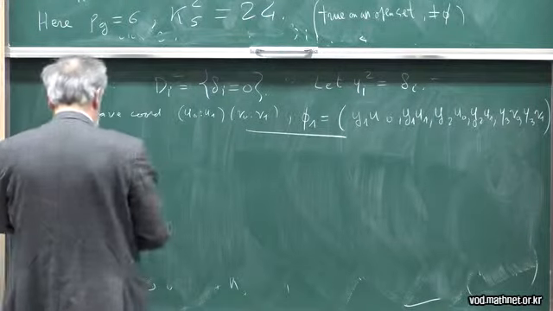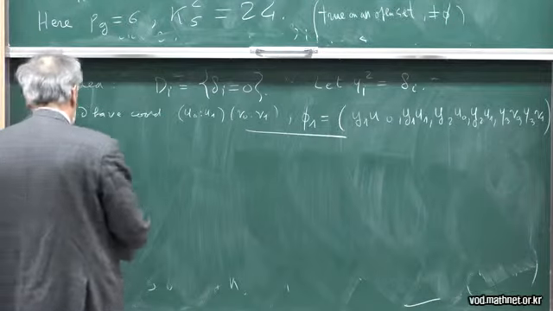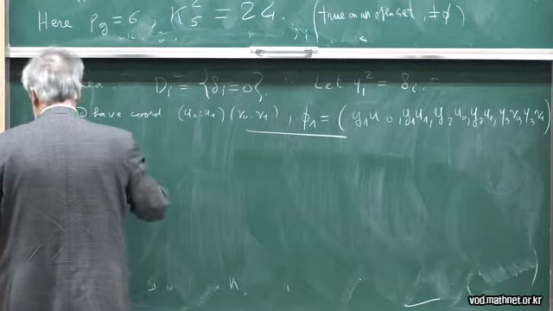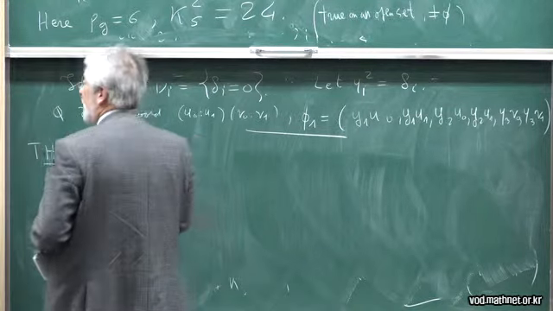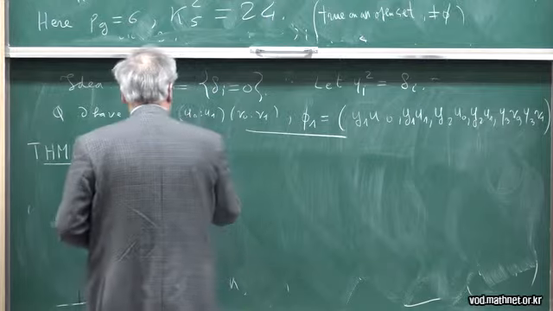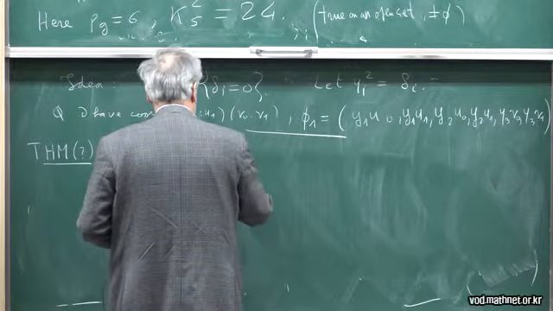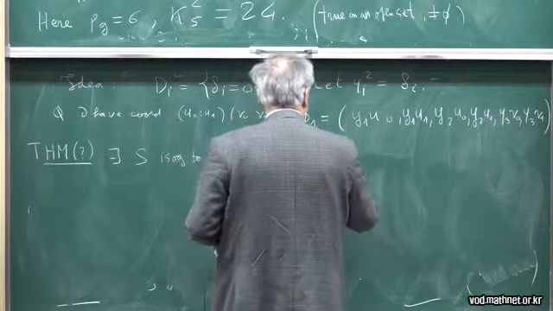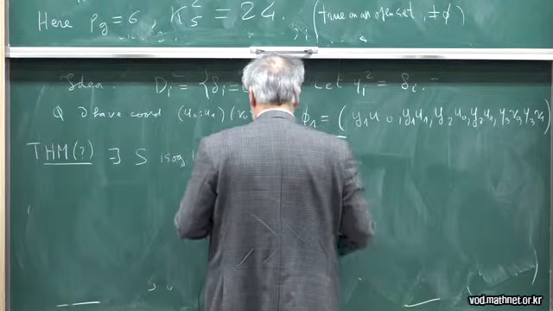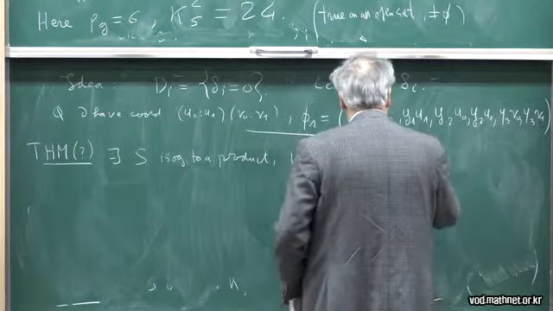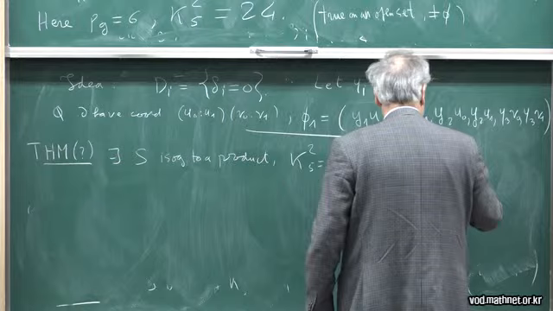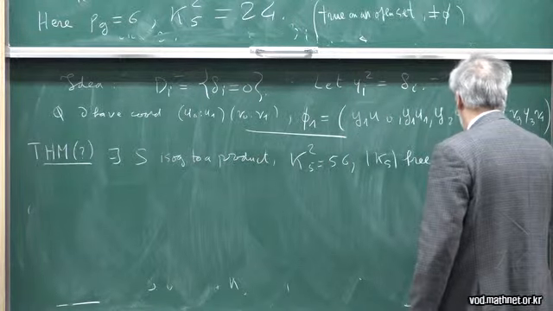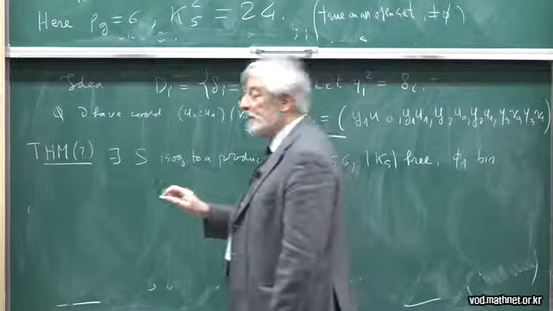So, there's another theorem with question mark that exists: a surface isogenous to a product with K squared is 56 and K_S is free, and this phi 1 is birational but not an embedding.